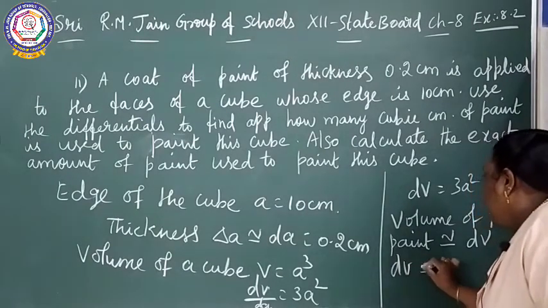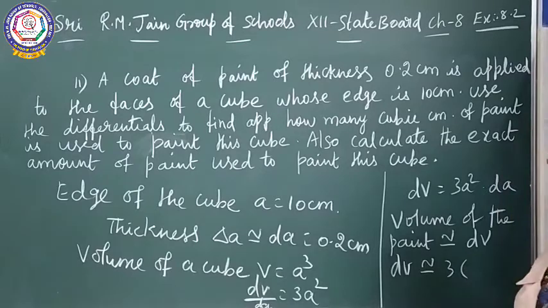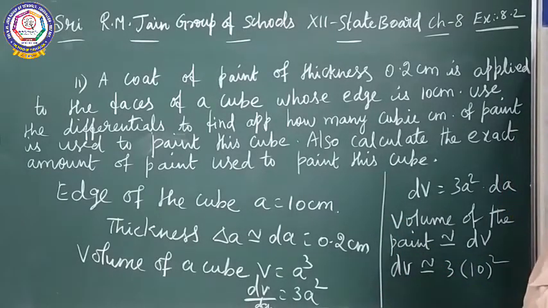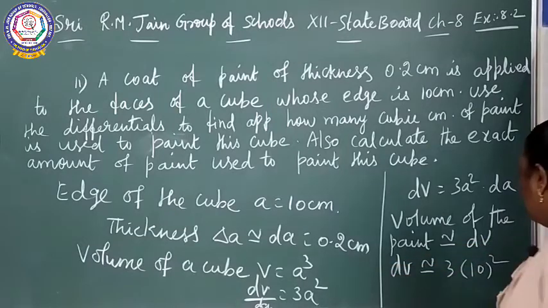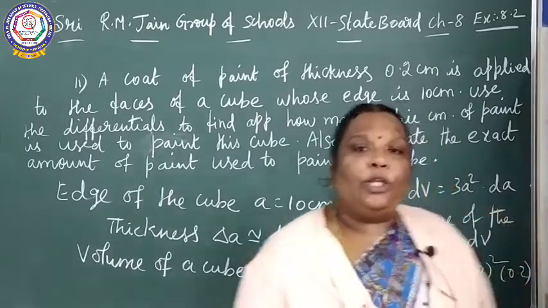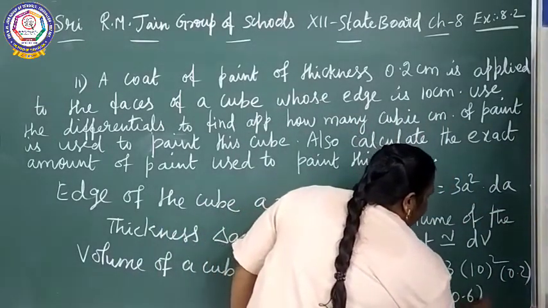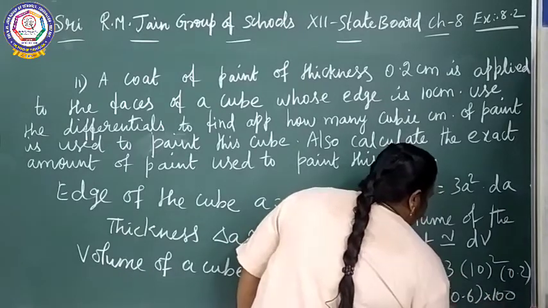dV is approximately 3 into what is that A value? 10 square. What is the dA value? It's 0.2. 3 into 0.2 is nothing but 0.6 into 100.